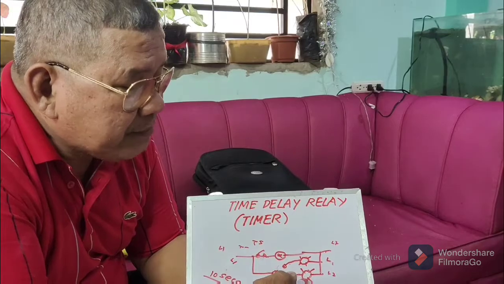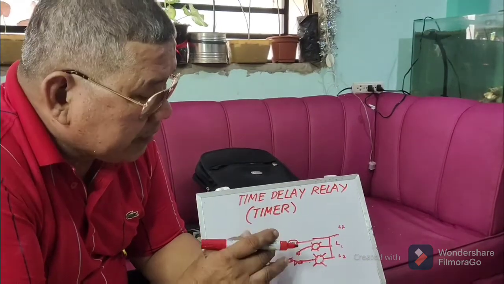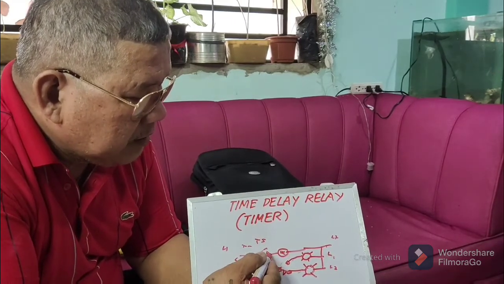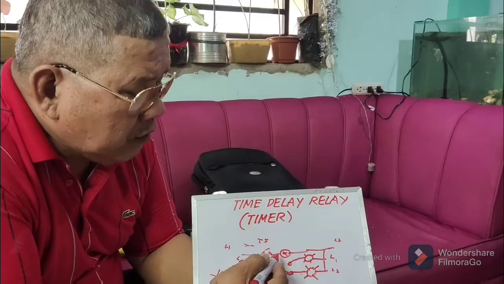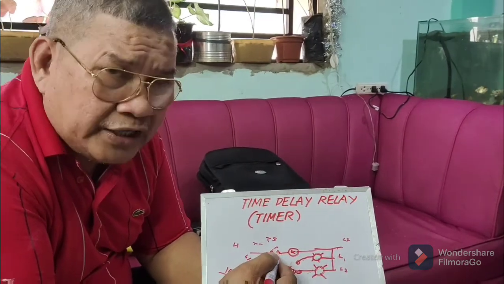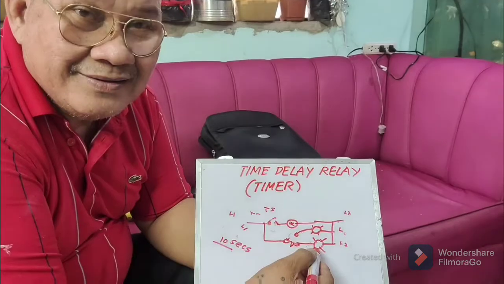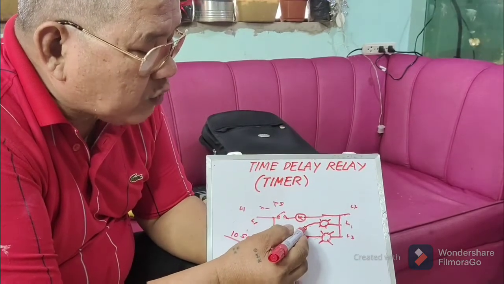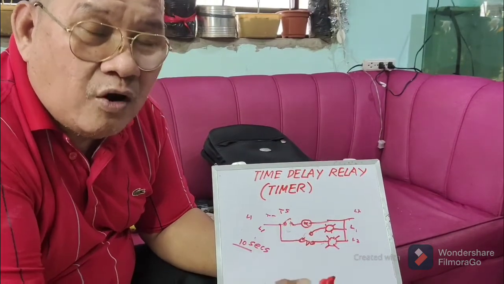Instantly, lamp number 2 will light without time. But if I de-energize or switch off the holding coil, it is already disconnected from the circuit, but still the lamp is lighting. So we have to wait 10 seconds before this contact will go back to its normal position. So that is what we call off delay.